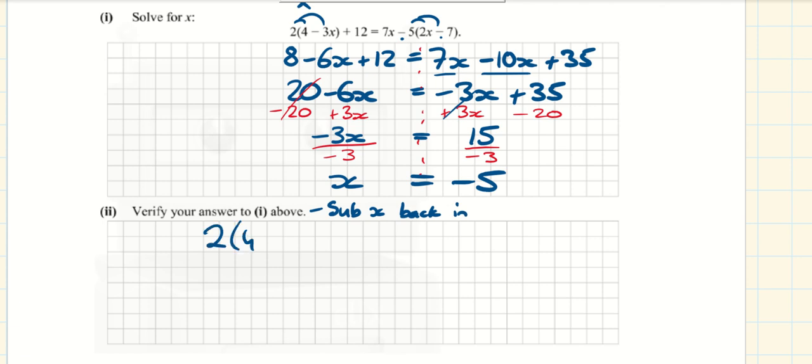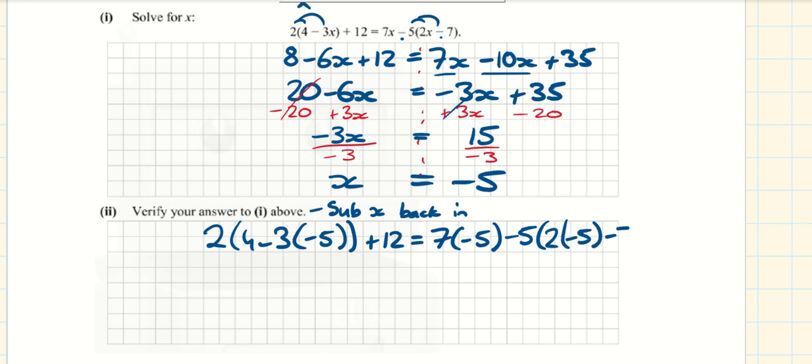So we have 2 by 4 minus 3 by minus 5, and then plus 12 equals 7 by minus 5, minus 5 by 2 by minus 5, minus 7. Okay, this is quite long. Work on the brackets first.